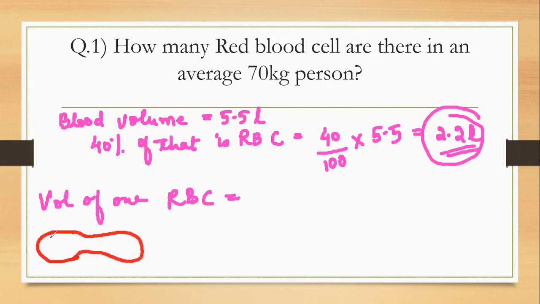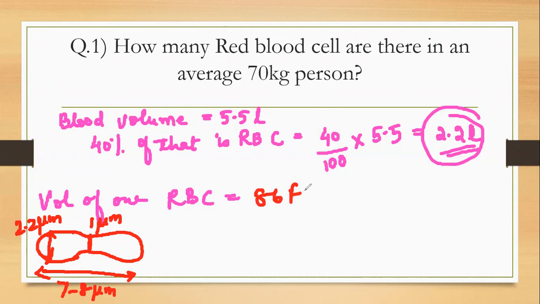So here this length is around 2.2 micrometer and here it is around 1 micrometer. But if you see the entire diameter, considering it as a circle or sphere, then it is around 7 to 8 micrometer. So overall, this gives you that the volume of 1 RBC is around 86 femtoliter, or otherwise said, 86 into 10 raised to minus 15 liter.